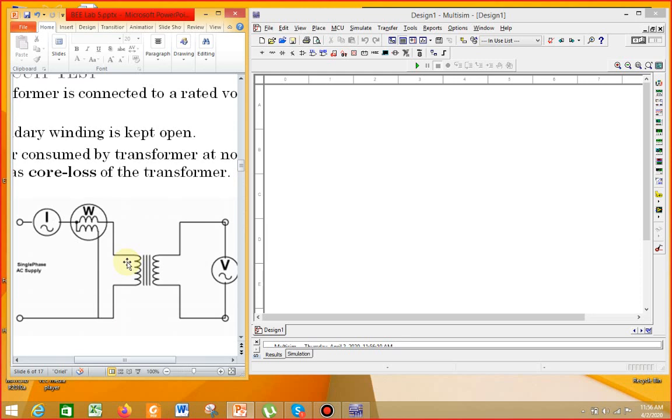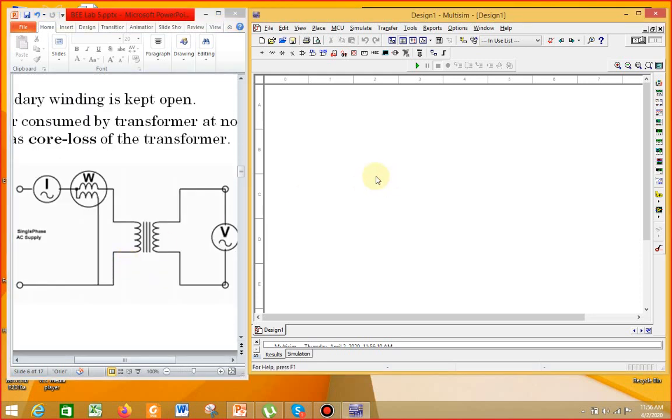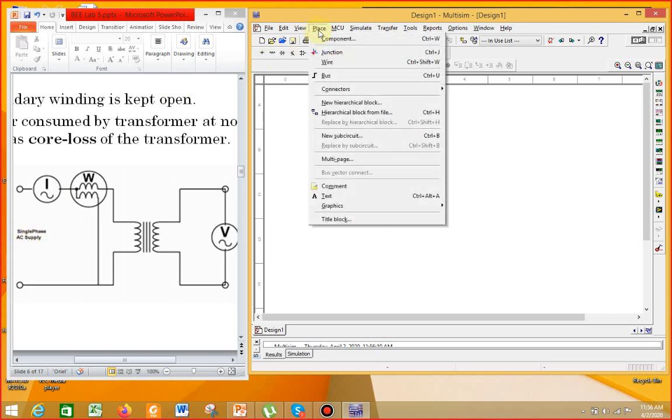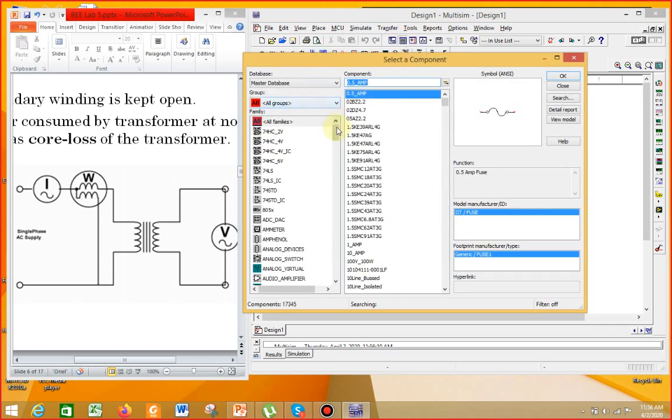So first of all, we are going to perform the open circuit test. For the open circuit test, first of all, what you need is a single phase AC power supply. Just click on place, click on components, and then you will see a lot of components over here.